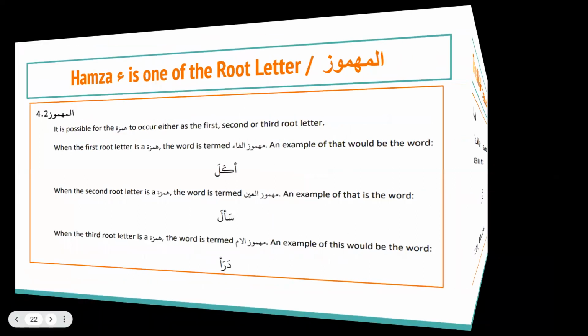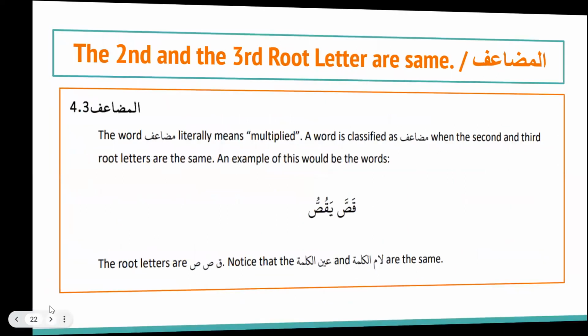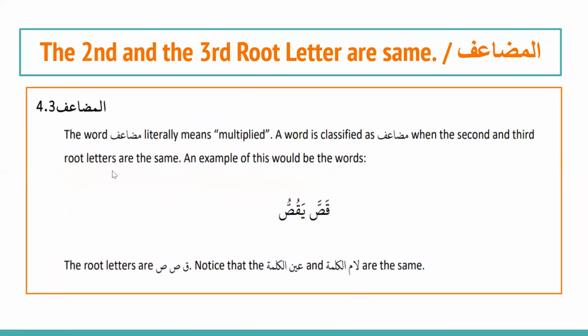Now the second type of irregularity, in which mostly the second and third root letters are the same. When two of the three letters are the same, that irregularity is called Mudaa'f.